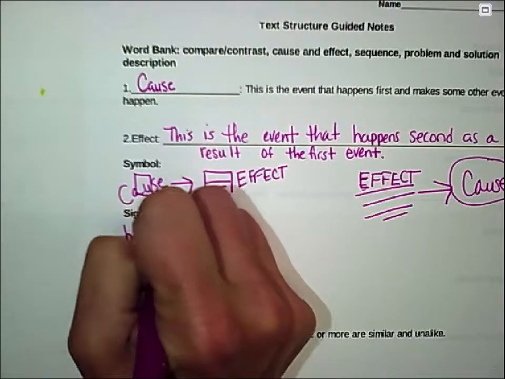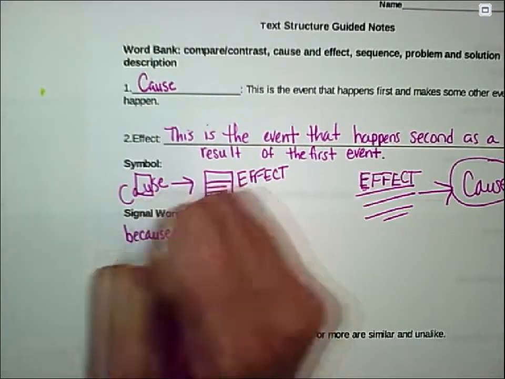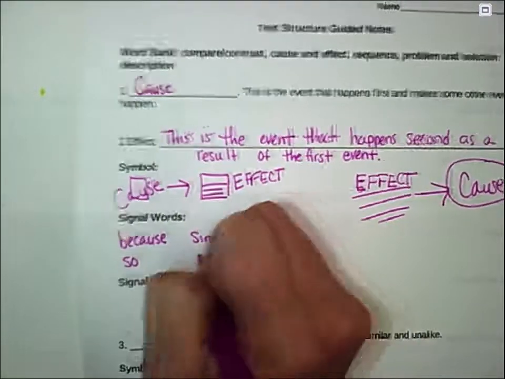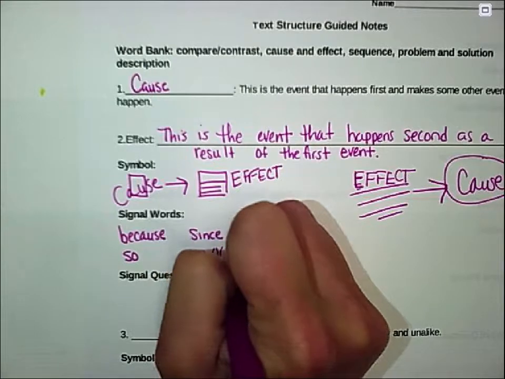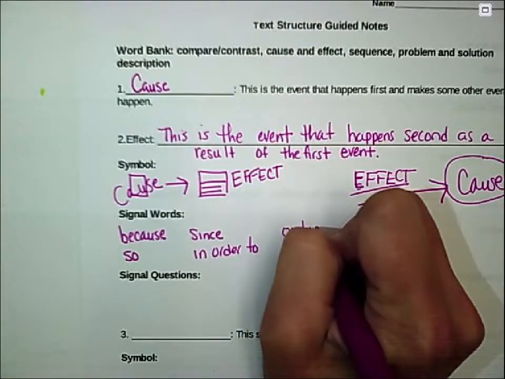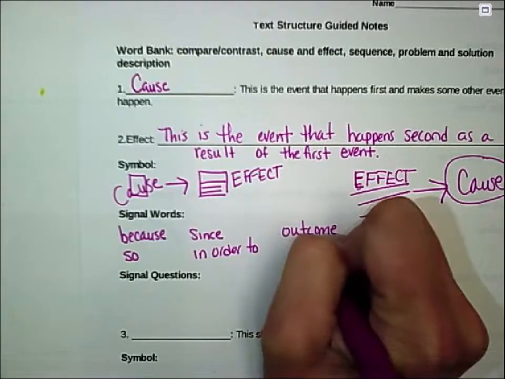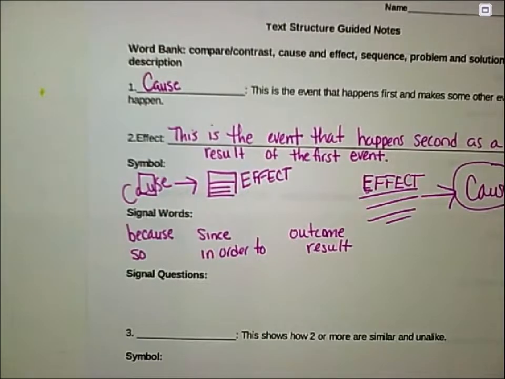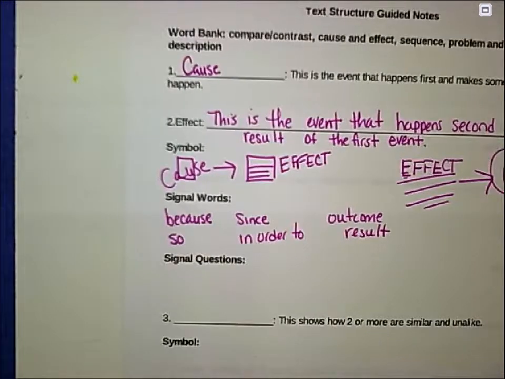Okay, so some signal words are because, so, since, in order to, outcome, result. So those are all words that you could use that clue you in that this is a cause and effect text structure.